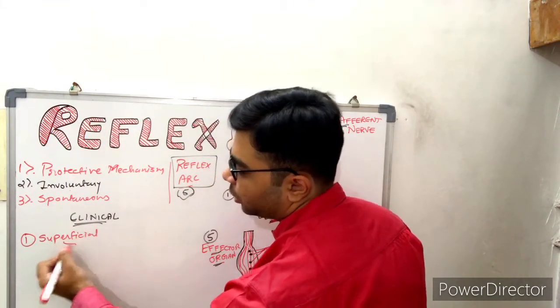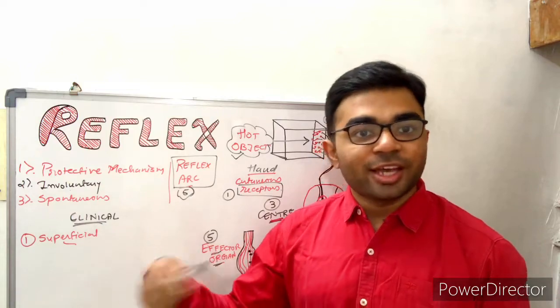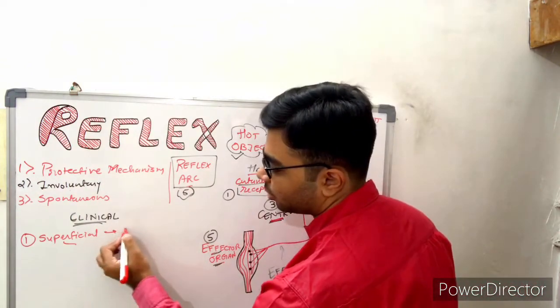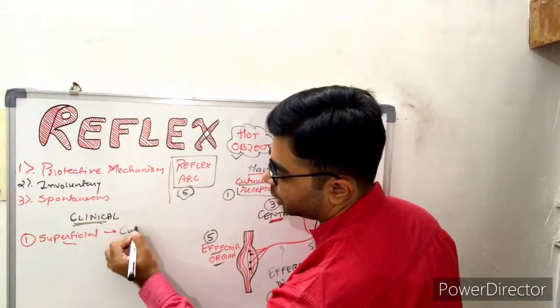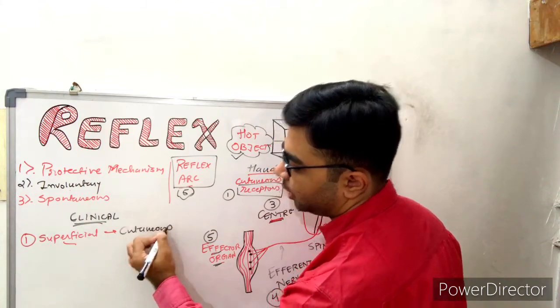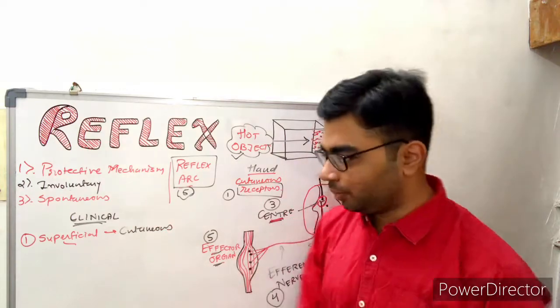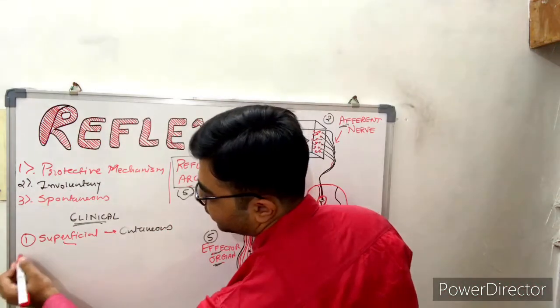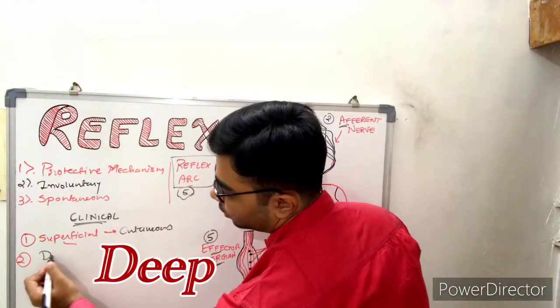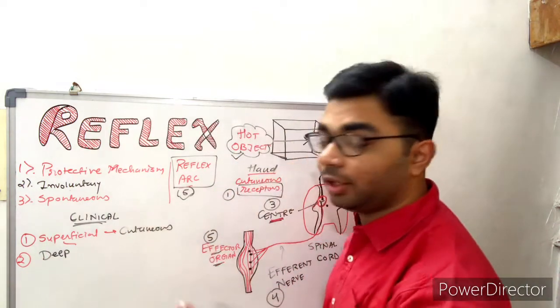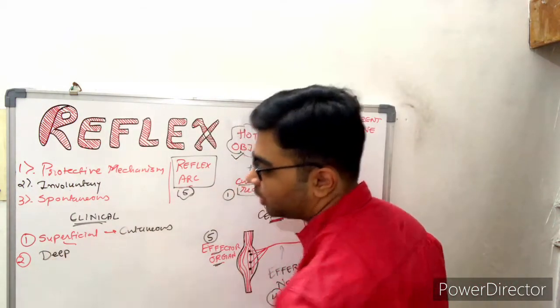In the superficial, you can stimulate the cutaneous receptors, and when you elicit the cutaneous receptors, you will get a reflex action. Second is deep. Remember, go layer wise: superficial, then deep.